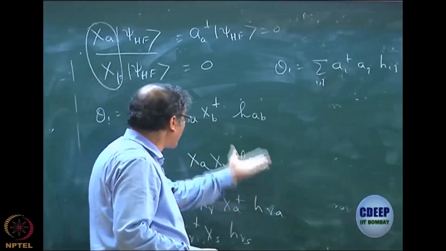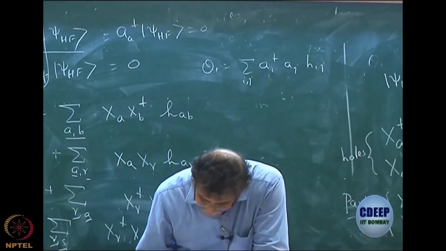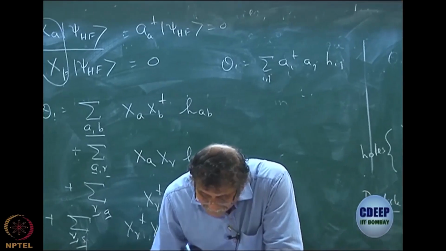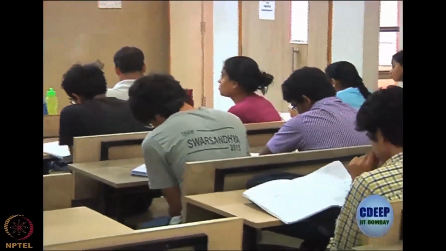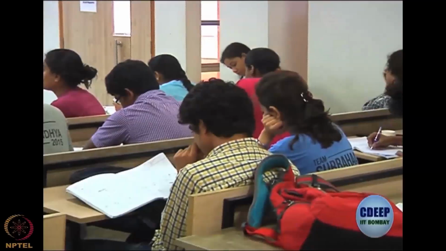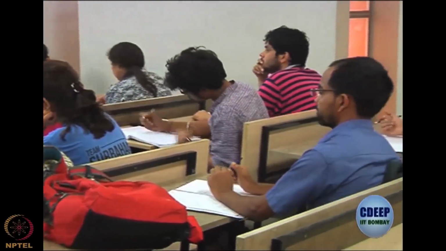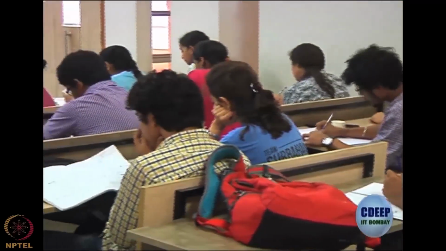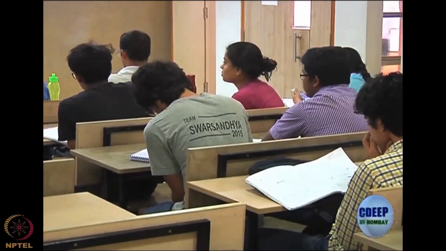Yeah, when it acts on psi 0, but this is the general form of operator. Actually it will be good if you can do this problem of psi 0, theta 2, psi 0 just once.